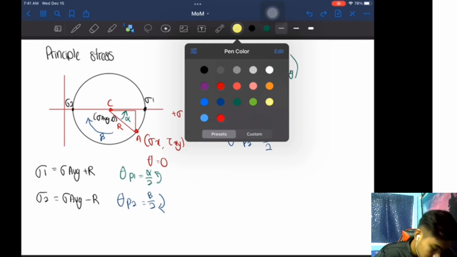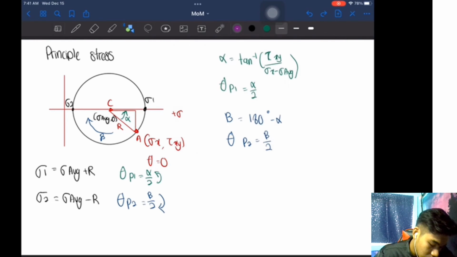In the principal stress state, I remember that theta equal to 0 degrees was established as horizontal.